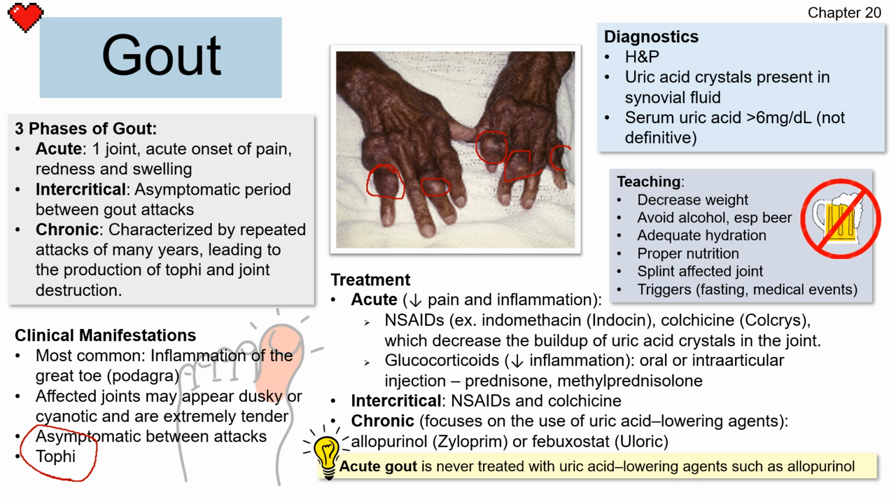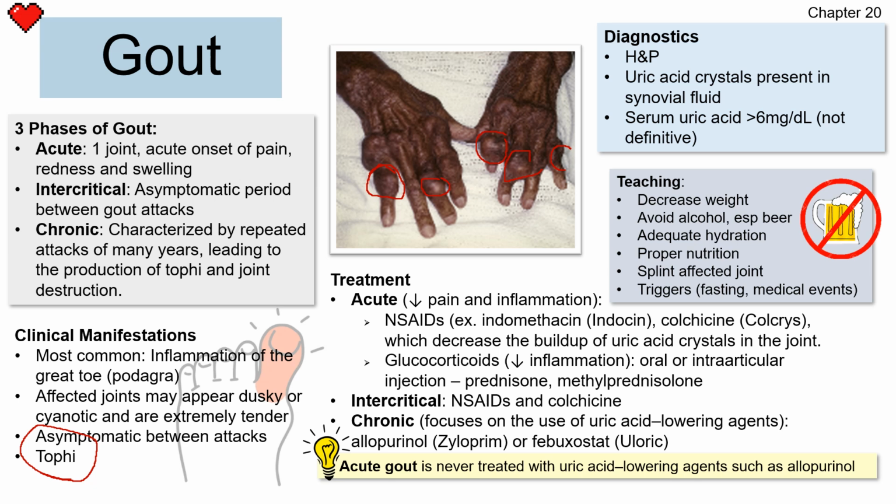But that's not necessary to diagnose. It's very rare that they do this to diagnose gout, because you can just do the H&P and then you can see the great big toe is inflamed and you can pretty much determine the patient has gout. We can also look at the blood levels to confirm that. So serum uric acid above 6 milligrams per deciliter, mg/dl. Okay, again, not definitive, because you can have high uric acid and still not have gout.